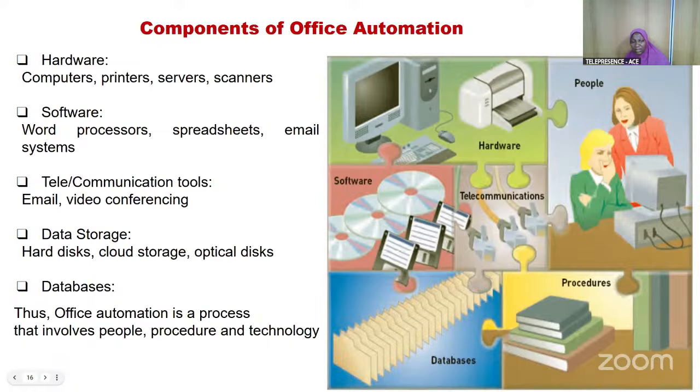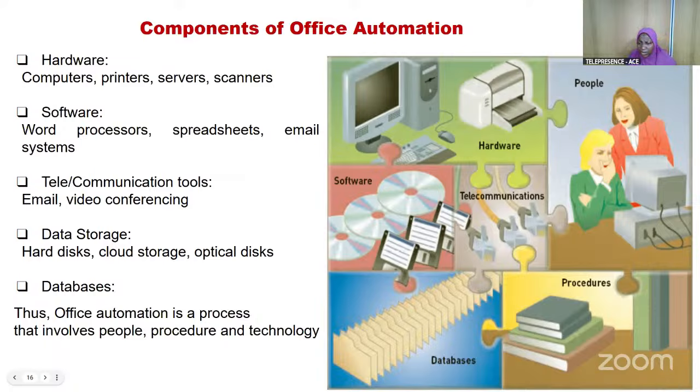Procedures such as how do we now process our documents? The days of using Tipp-Ex are off. The days of tearing papers because we want to edit are off. The days of accumulating papers are gone. The days of having to move from one point to the other before you can talk to another person in an office space are gone.